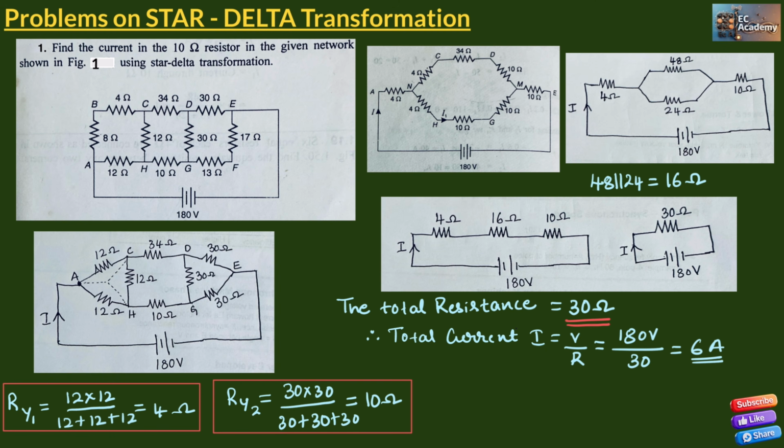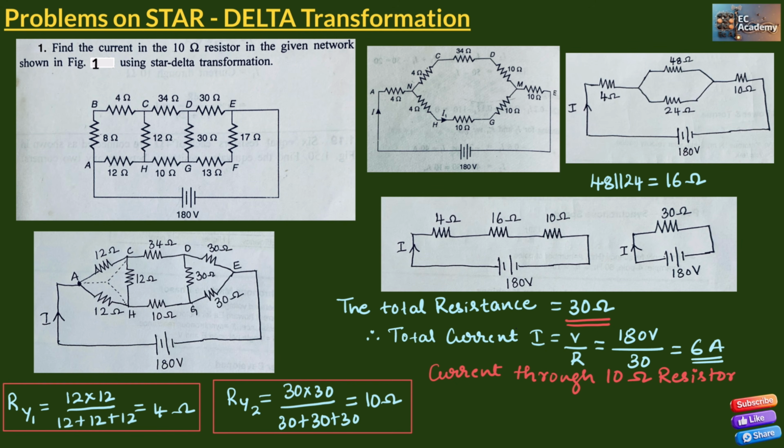In the question, they have asked us to find the current through the 10 ohm resistance. Now, if you observe this circuit, let us take the current flowing through the 10 ohm resistor as I1. Here we can apply the current division formula. The total resistance in the other branch is 48 ohm and the total resistance where the current I1 is flowing is 24 ohm.